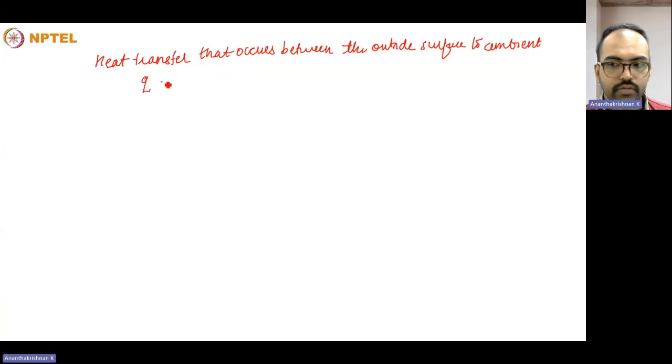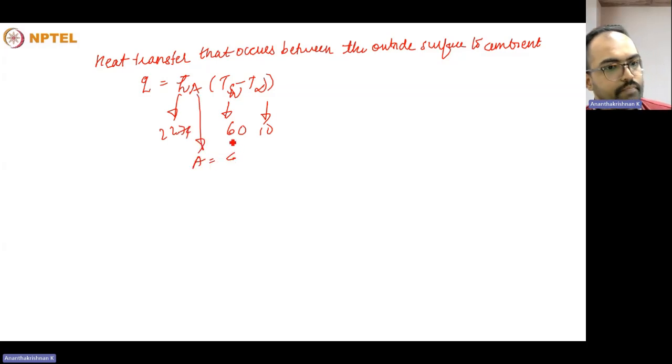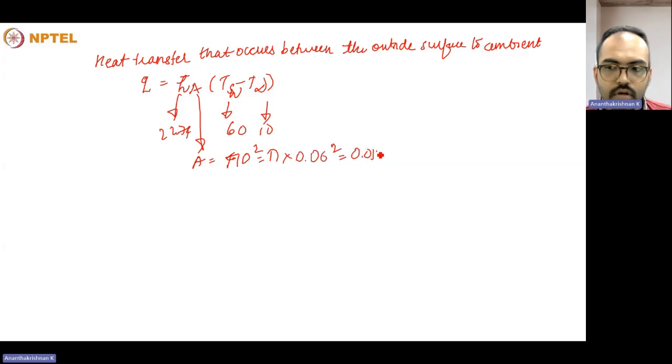So the heat transfer is given by h into area into T surface minus T infinity, or T wall minus T infinity. This is given as 60 and this is given as 10 and h is 22.74. We can calculate the area, that is the outside area, 4 pi r squared or pi d squared, that is pi into 0.06 the whole square, 0.0113 meters squared. Therefore, substituting this value, Q is equal to 12.85 watt.